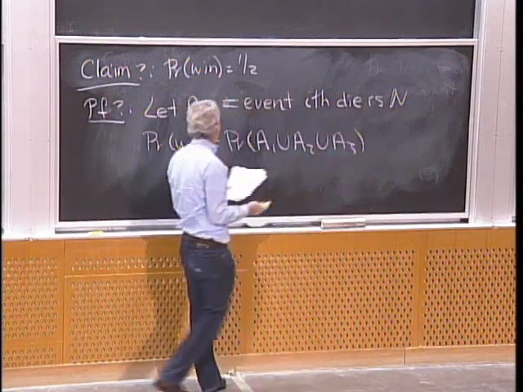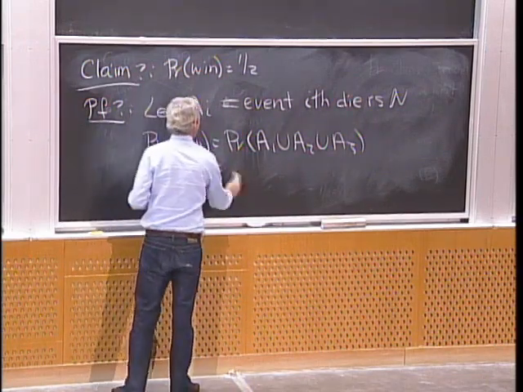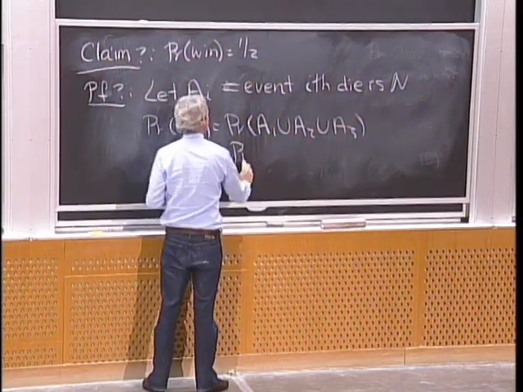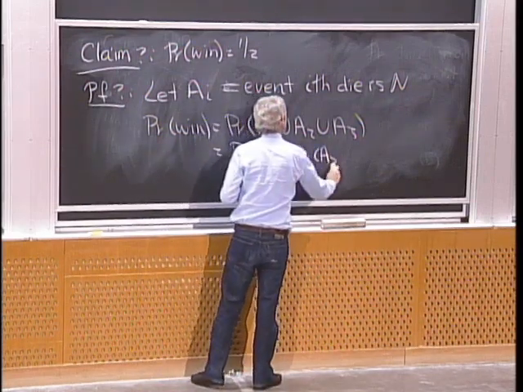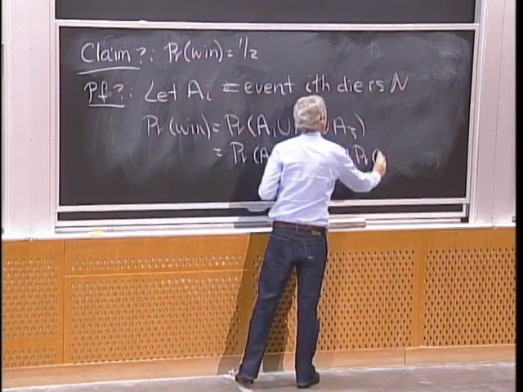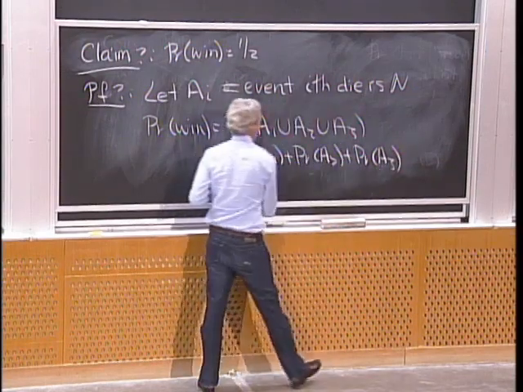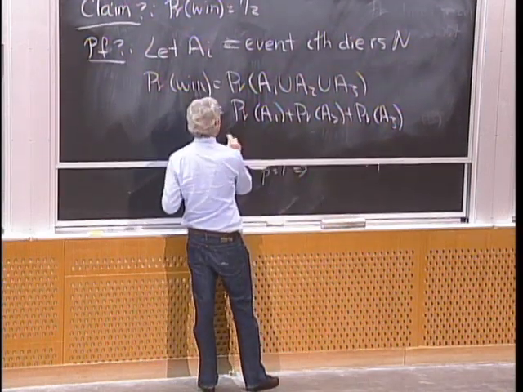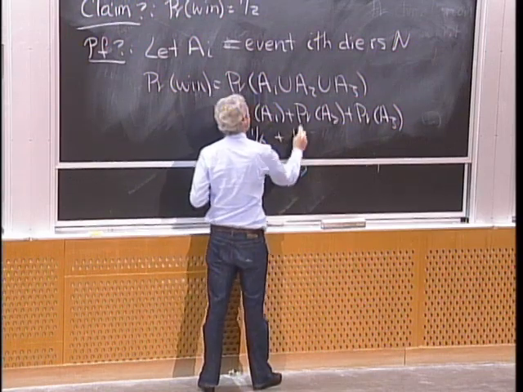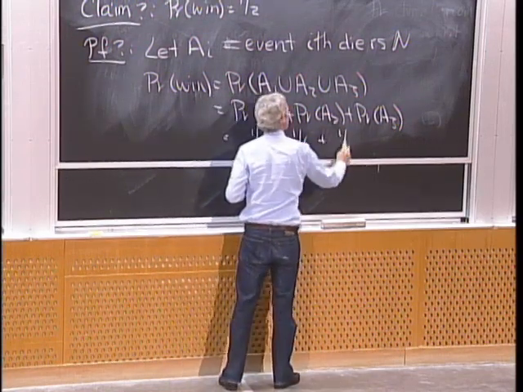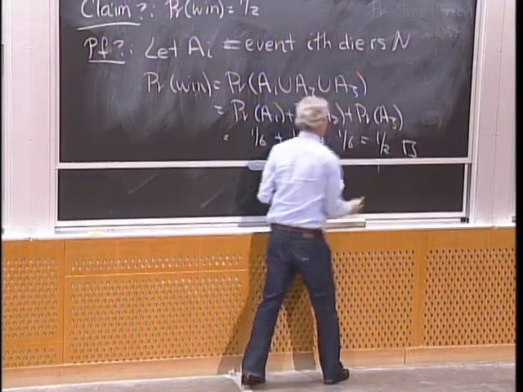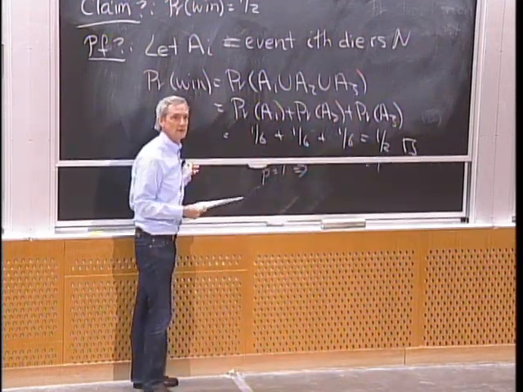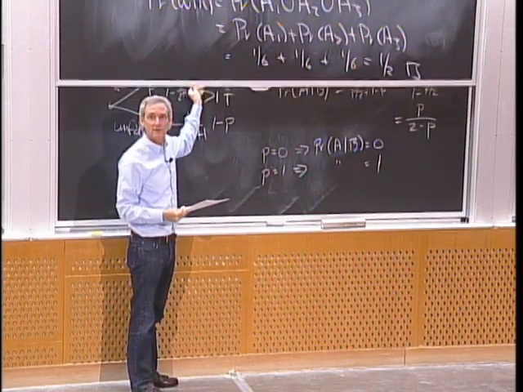All I need is one of the dice to come up my way. And that is the probability of A1 plus the probability of A2 plus the probability of A3. And each die wins for me with probability 1/6. And that is then 1/2. So that's a proof that we win with probability 1/2.